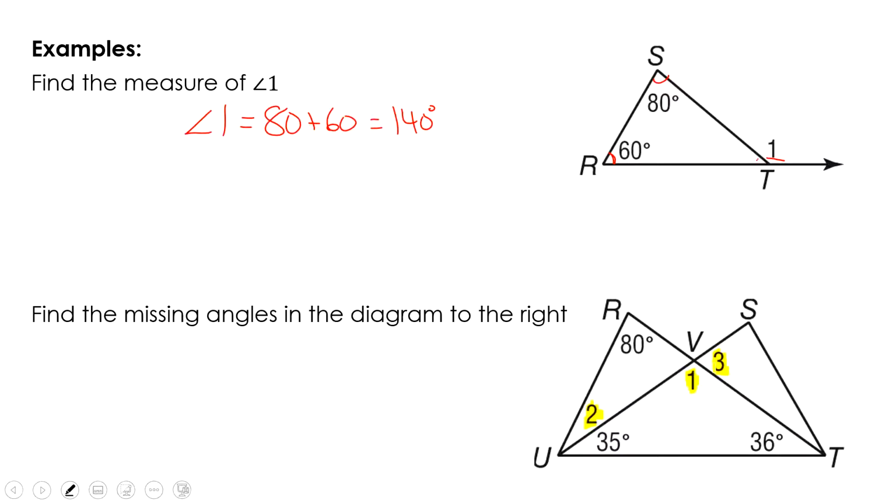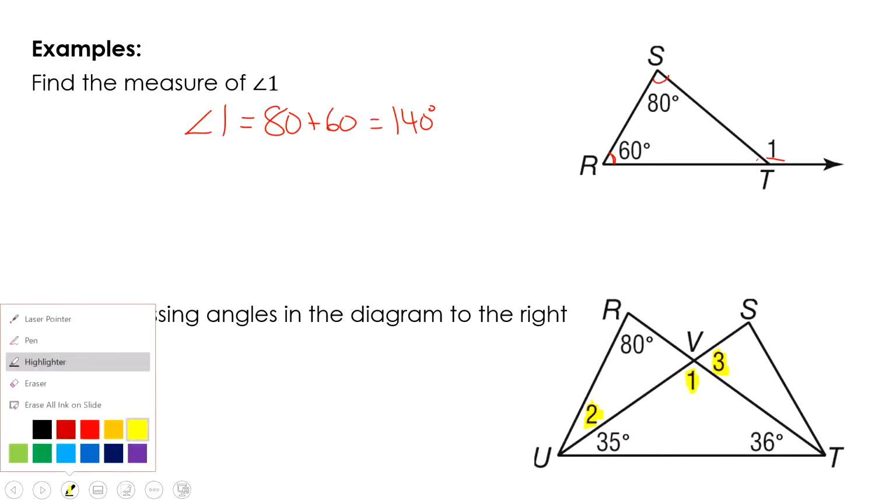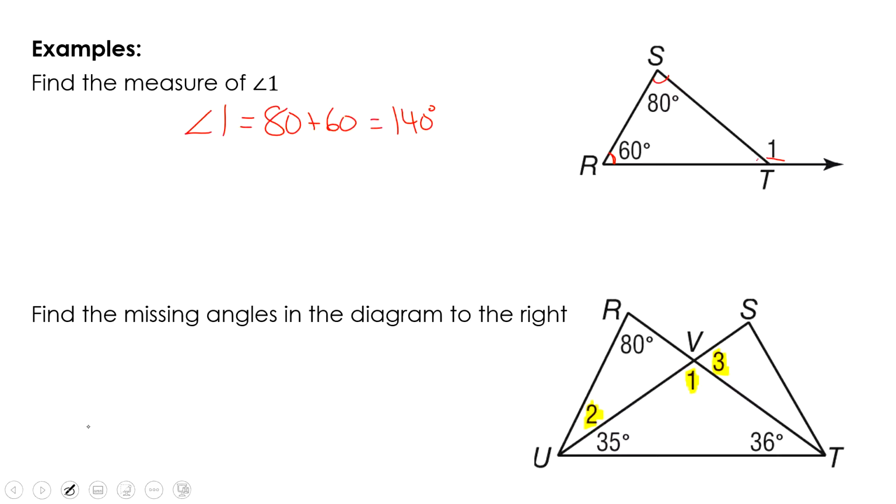Does that make sense? That's what we're looking for. We have all the tools we need based on this exterior angle theorem. We just got to look at the pictures and see, okay, where are we going? What's happening with everything that I need to know?